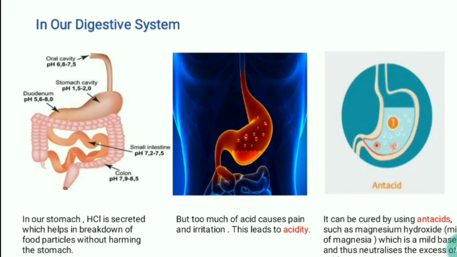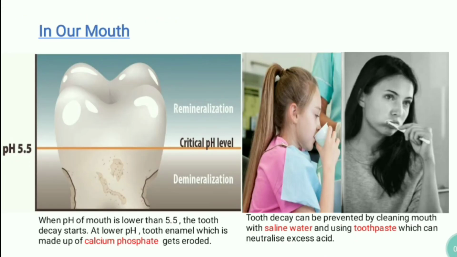Then next we talk about another application of pH in our mouth. Students, what happens when the pH of our mouth gets lower than 5.5? Then our tooth enamel starts breaking or corroding. So when the pH of the mouth is lower than 5.5, tooth decay starts.